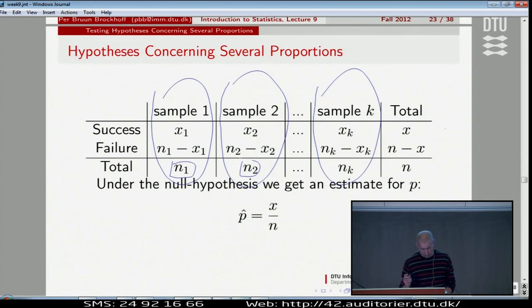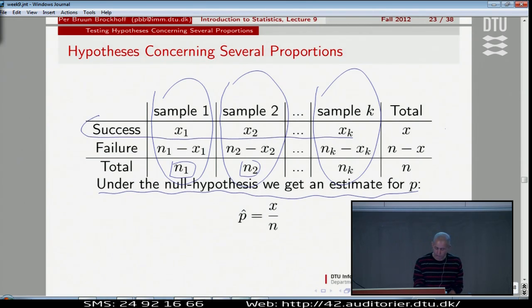First step is to compute what we could call the best guess of P if everything is okay, if the groups are really the same. That would be to take the total number of successes, which is our generic term. In our example, the success was a disease, but that's the terminology.